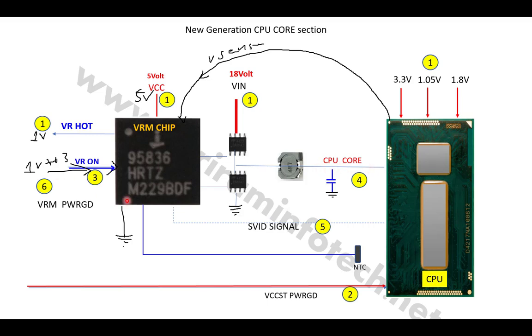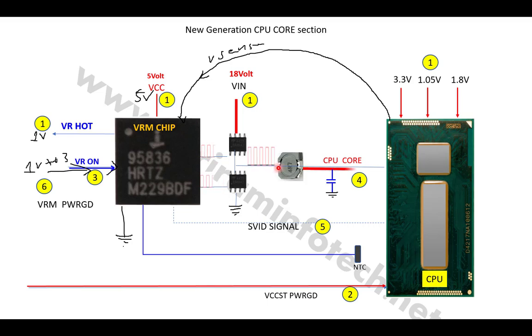Okay, so now once this chip gets the enable signal, it starts switching these two MOSFETs. Then the 18 or 19 volt input is switched, and a pulsating AC voltage will be generated across this MOSFET. This voltage goes to the coil, which stops the AC voltage and passes the DC current.